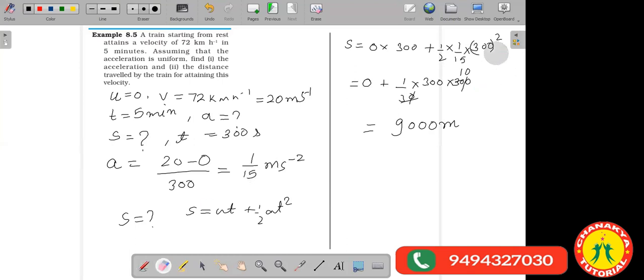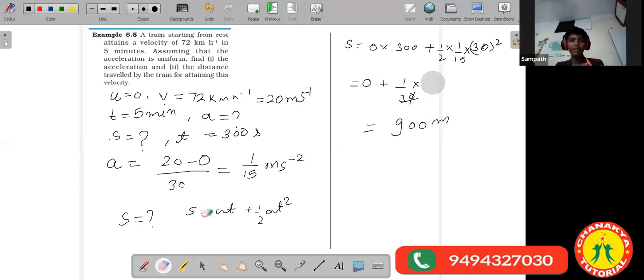Okay, sorry, I got it. The denominator is 30. Time is given as 30 here. So we put it 30 squared, and hence you will be getting 900 meters. It's correct now? You get 900 meters.